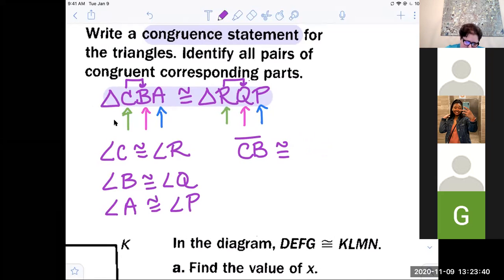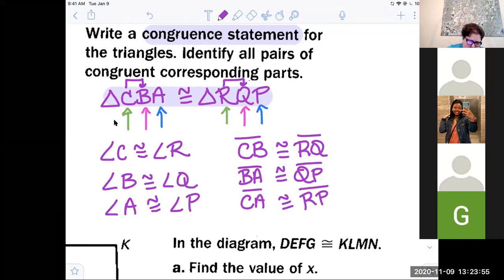So CB and RQ would go together, and BA would go with QP, and then CA would go with RP. Again, I'm looking at the congruence statement here, and I'm just saying B to A would be the same as Q to P, and that C to A is the same as R to P.